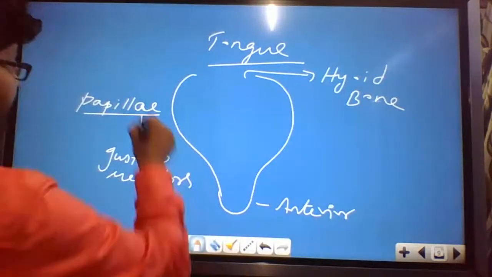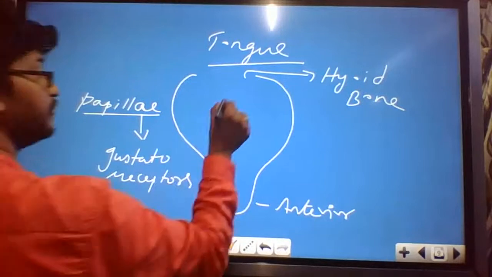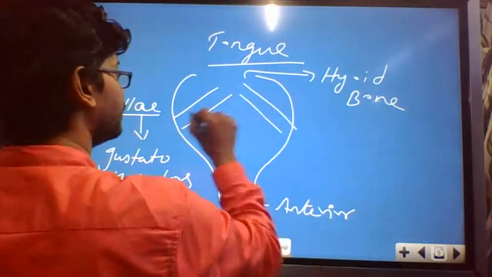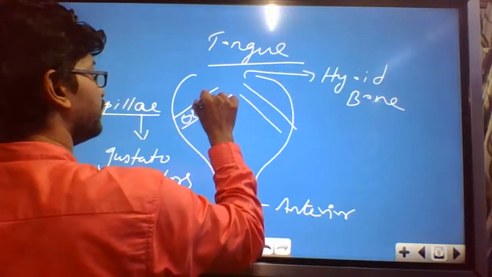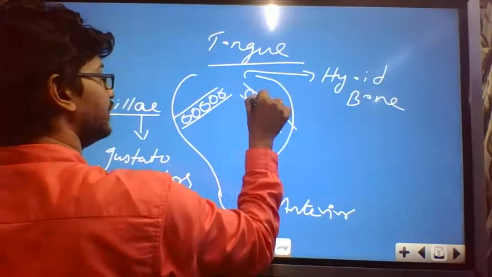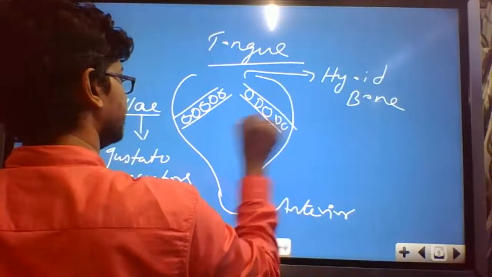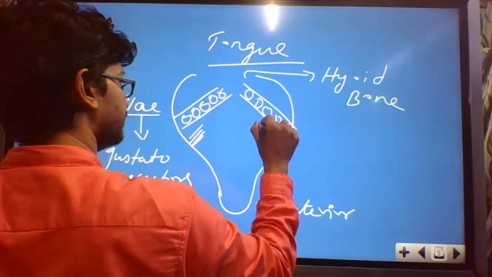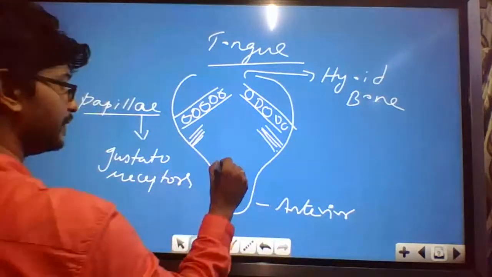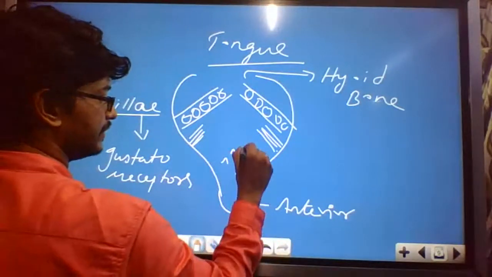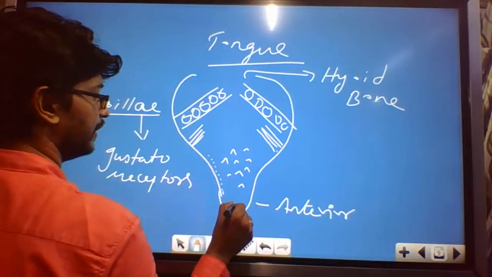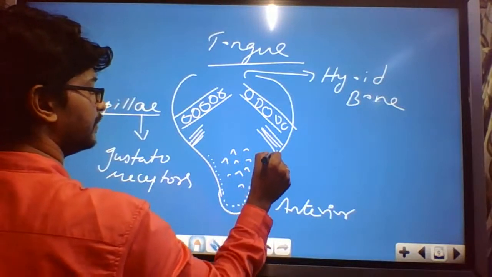So there are four types of papillae. If you take the posterior part, here you could see the circular type of papillae. One type of papillae is present here, and here we have another type of papillae. On this side also we have another type, and few papillae are present here as well.